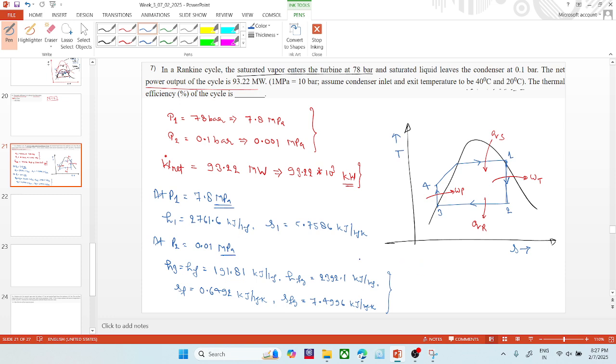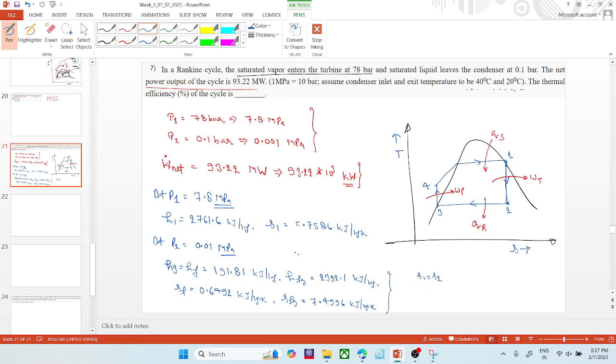Let me first get the quality or vapor fraction at point 2. We know that S1 would be equal to S2.